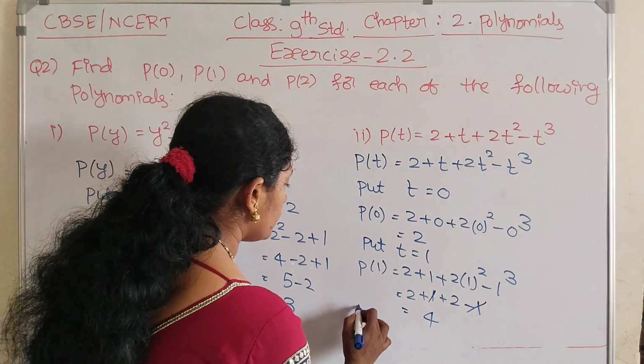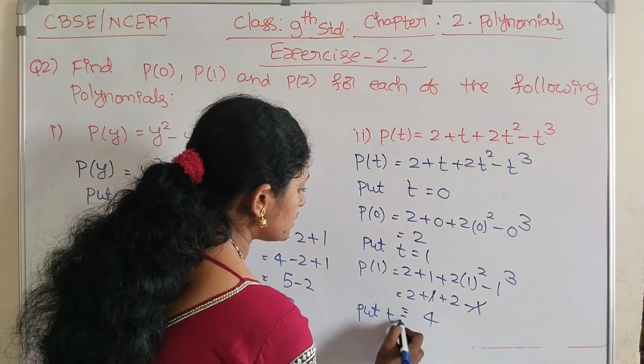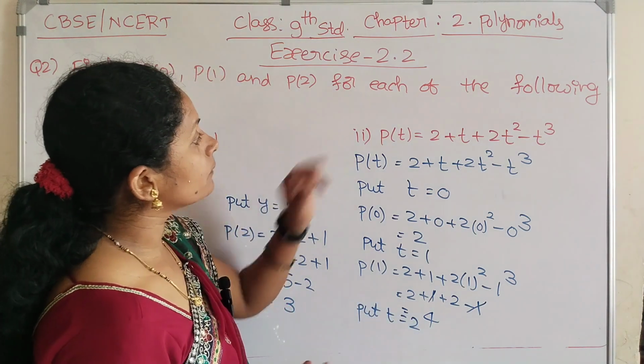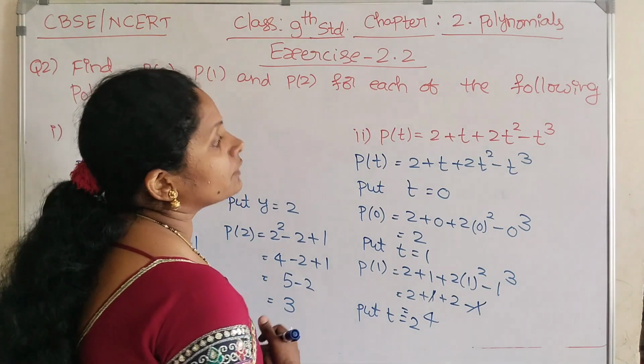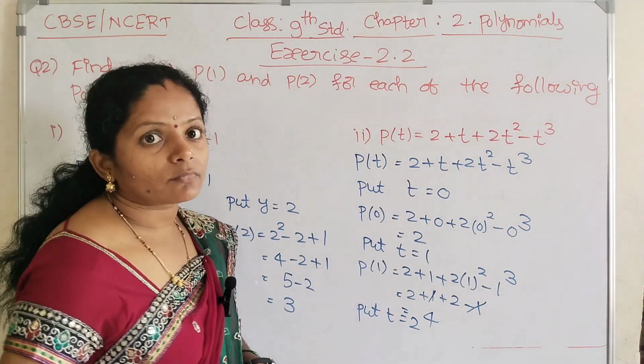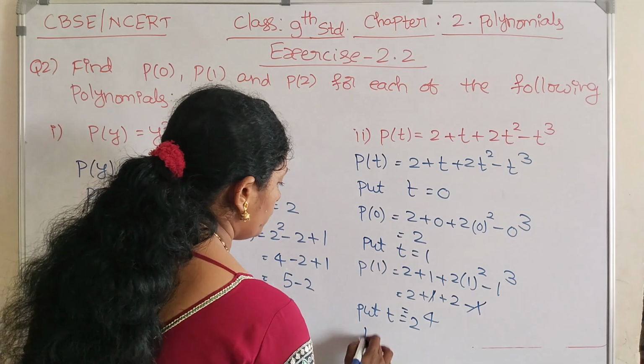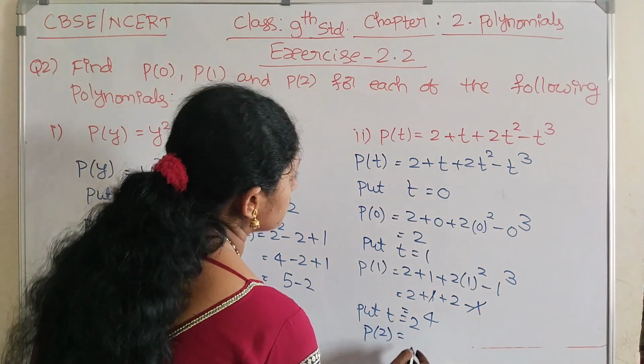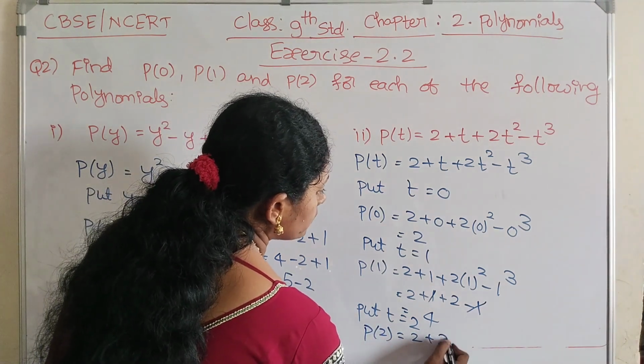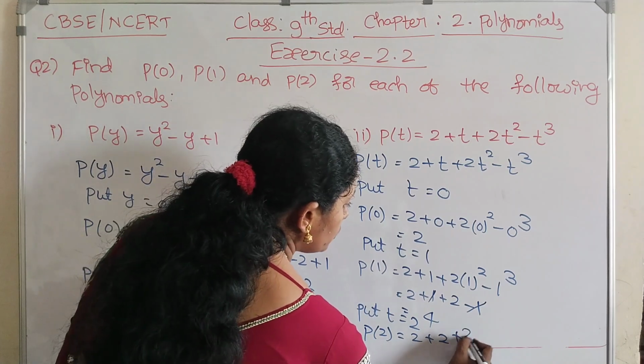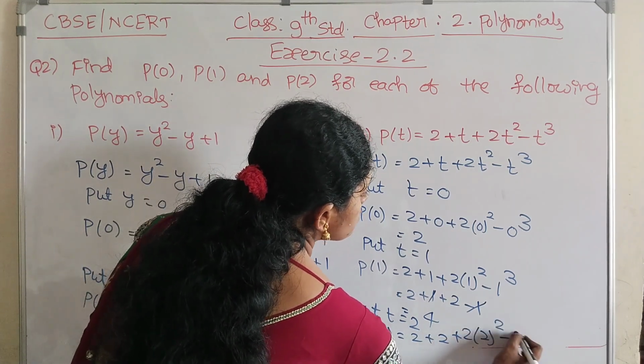Next, put t is equal to 2. We have to put t is equal to 2 here. P of 2 is equal to 2 plus 2 plus 2 into 2 square minus 2 cube.